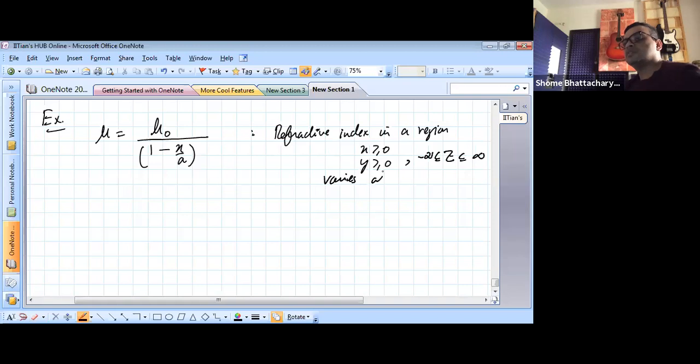Varies along the x axis. So now in this region, this would be basically this entire first quadrant, okay, with z coming out and going in indefinitely. So don't have to worry about the z quadrant.